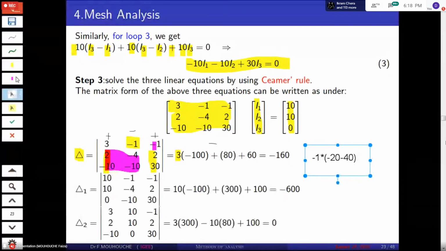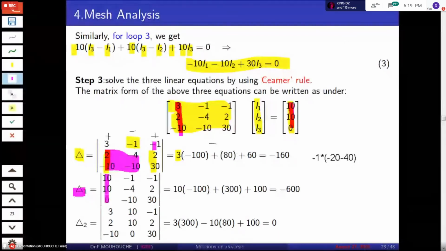Now to calculate delta 1, for I1, as I said, we delete the first column and replace it by the constants, as shown here. This is the constant, and calculate. For delta 2, delete the second column and replace it by the constants, as shown here.